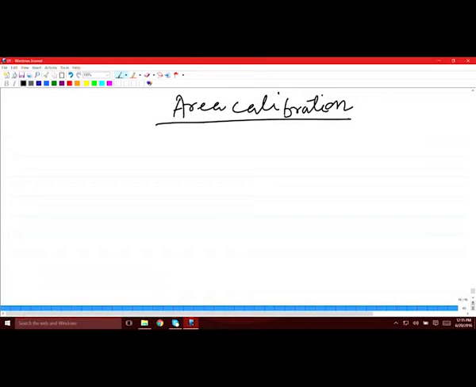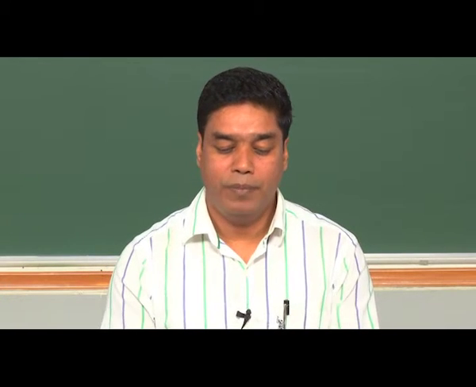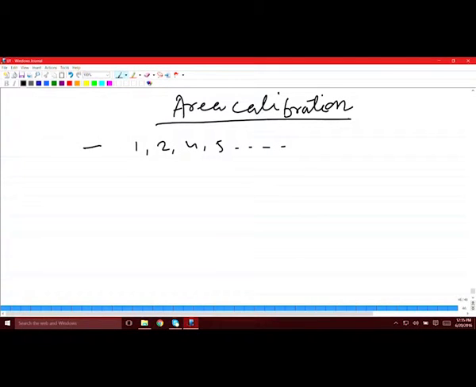So, in case of blocks which are used for calibrating the area, only a single number is given like 1, 2, 3, 4, 5 and so on. This is according to the size of the hole that you have, because in this case, as I said, you need to vary the size of the area of the hole, and the numbers are given in such a manner that the area of the hole is proportional to the square of the number.